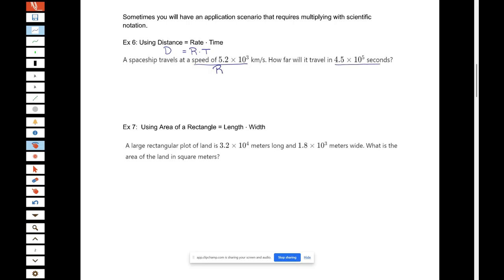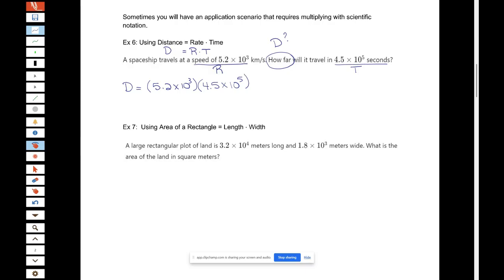And we have a time of 4.5 times 10 to the 5th seconds. And it says how far. So the distance we do not know. So we will plug in what we know and solve for what we don't know. Distance is equal to the rate that they gave us times the time that they gave us.